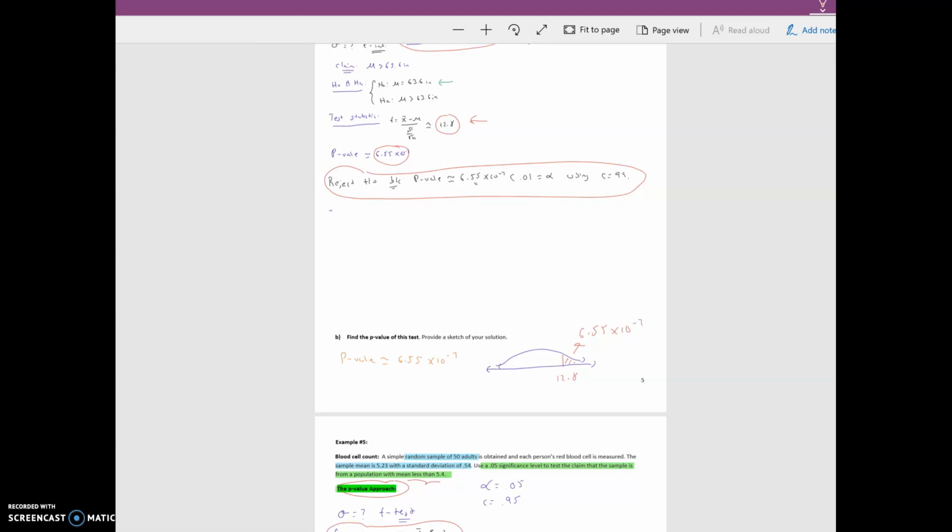So what the p-value represents is the actual area of the test statistic, and in this particular scenario, we're looking at a right tail test. So this sketch here is the sketch of the sample. And in essence, you're comparing the sample to the actual population or the shape of a population of a mean greater than 63.6. So when you're writing or creating a sketch for the p-value, you're using the test statistic.